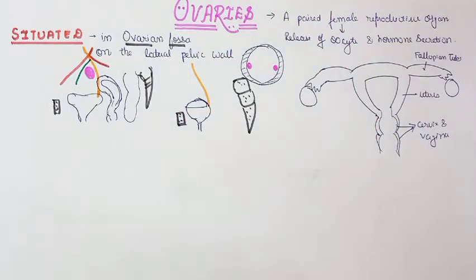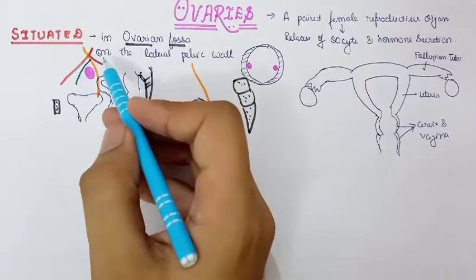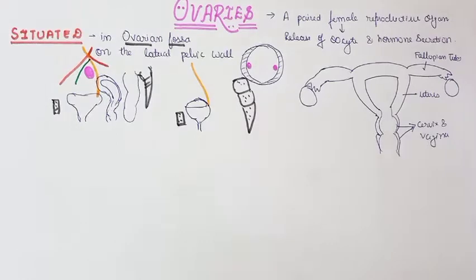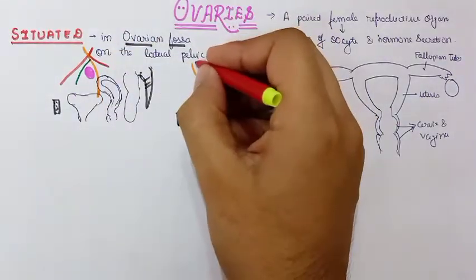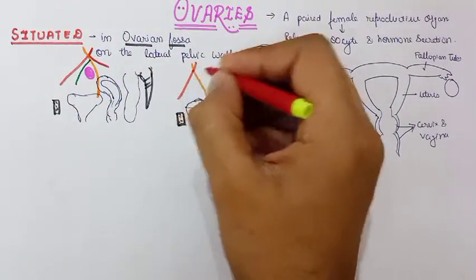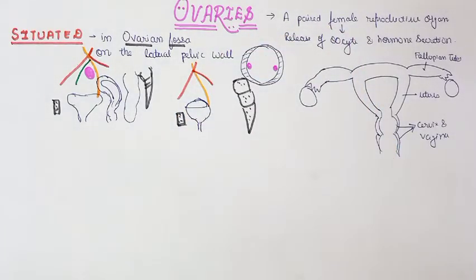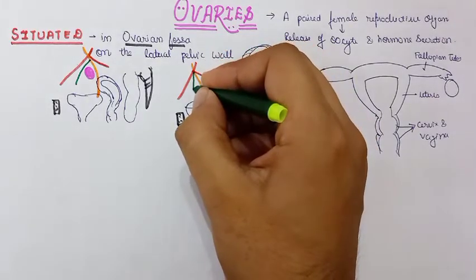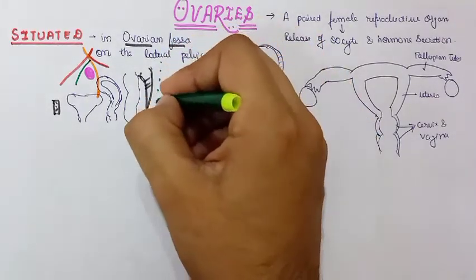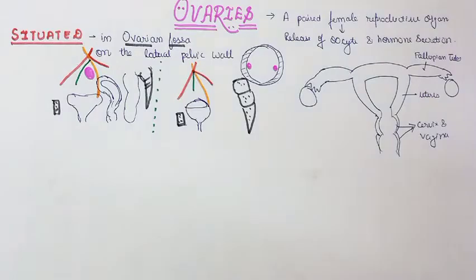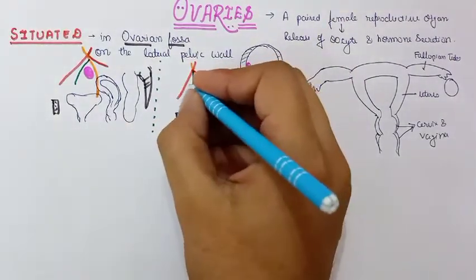The pelvic relation of the ureter is the bifurcation of the common iliac into external and internal iliac. So the bifurcation point will somewhere lie here. This is the bifurcation point, and we have one more important structure, which is the obliterated umbilical artery.